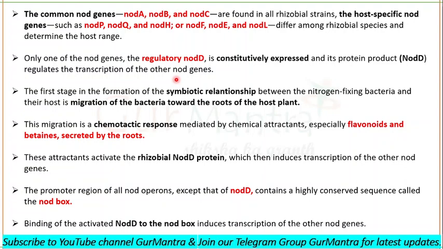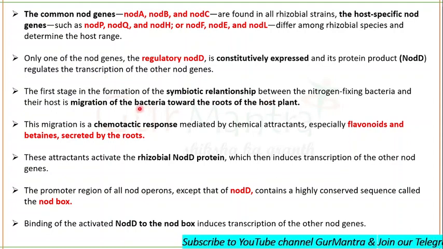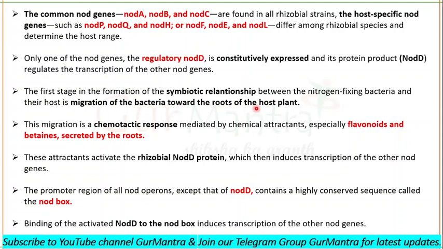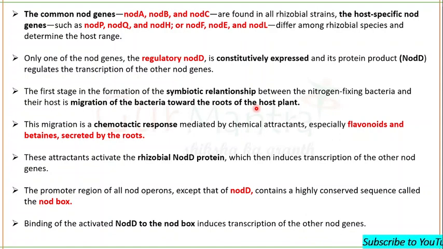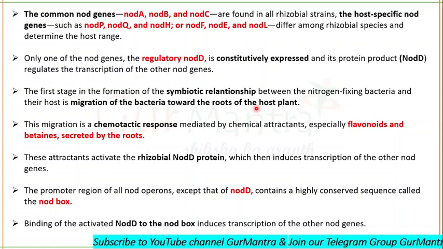What is the first stage in the formation of the symbiotic relationship? It is the migration of bacteria toward the roots of the host plant, as roots cannot migrate. If you want to have a conversation with someone, you have to go to that person.